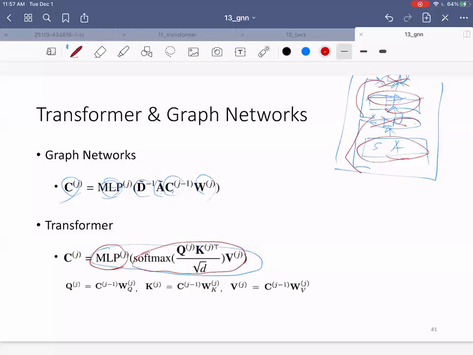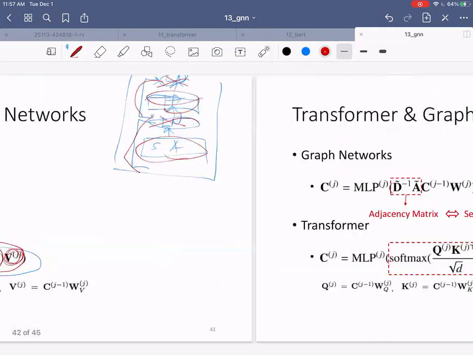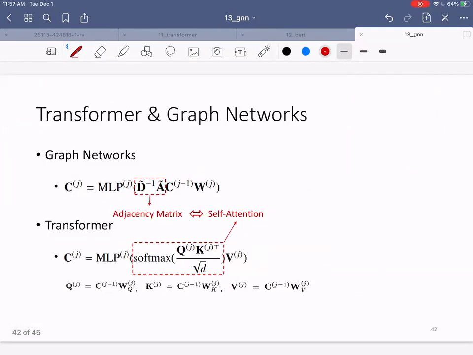And as I said, this is the QKV, this and this. So this is a node, this is a word embedding, this is the self-attention map. So there's a one-to-one correspondence between graph convolution and transformer.